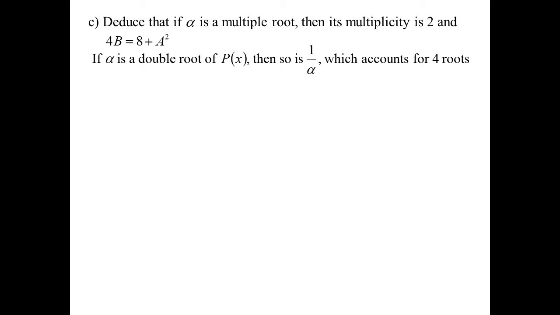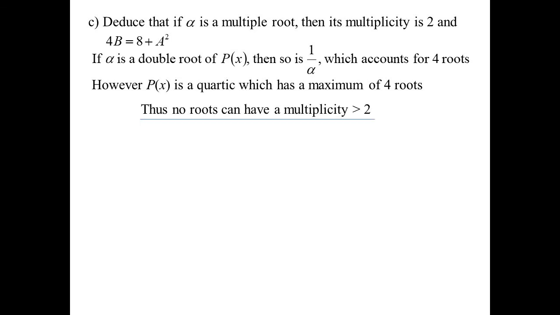So if alpha is a double root, 1 on alpha must also be a double root. So that accounts for 4 of the solutions. But hang on, we've got a quartic. And we know that a quartic can't have more than 4 solutions. And we've found 4, so there can't be any more. If alpha is a multiple root, then the only possibility is it's going to be a double root.